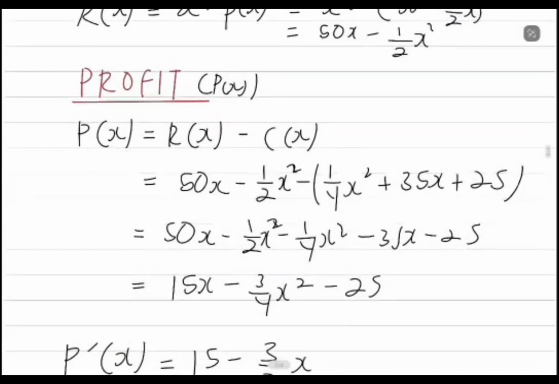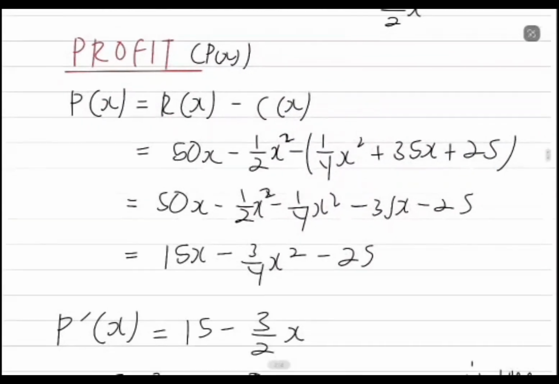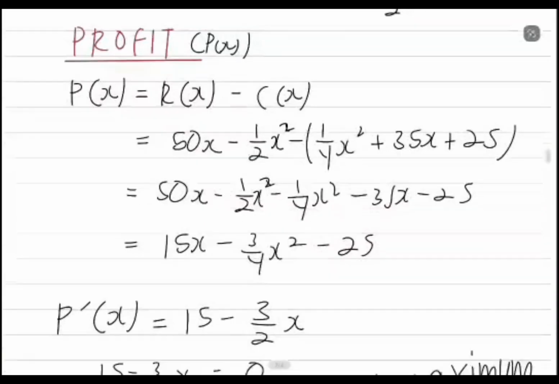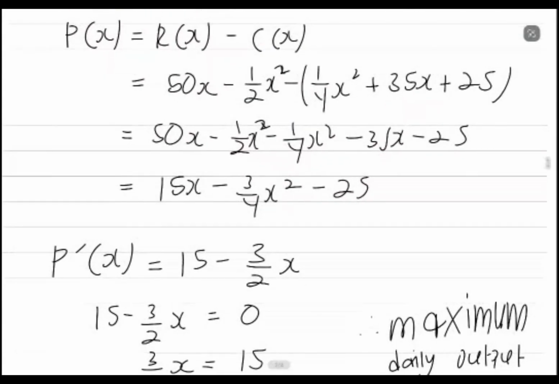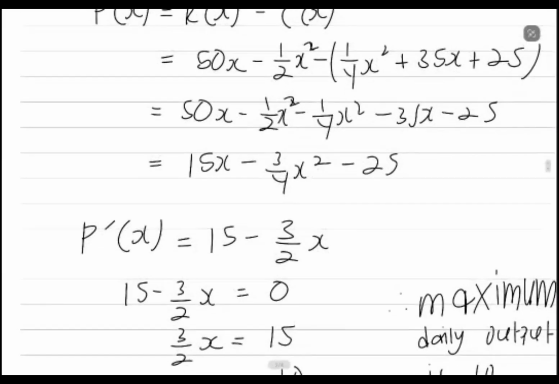So we just show the equation here, which is 50x minus 1 over 2 x squared minus, bracket, 1 over 4 x squared plus 35x plus 25. And lastly, the answer is 15x minus 3 over 4 x squared minus 25.